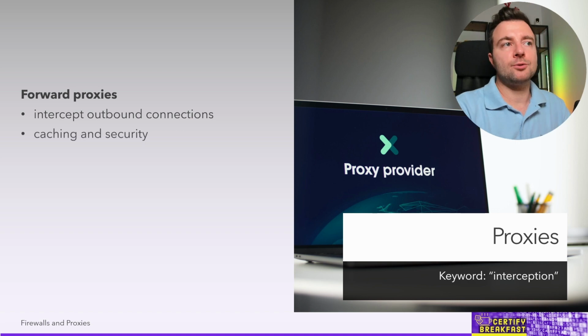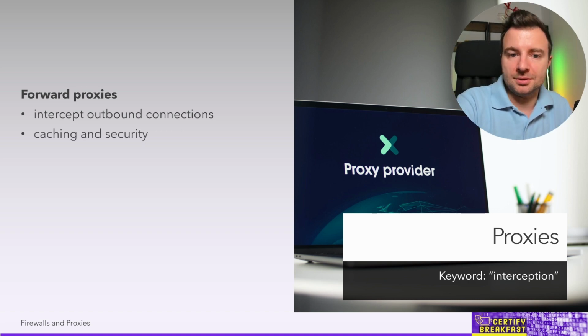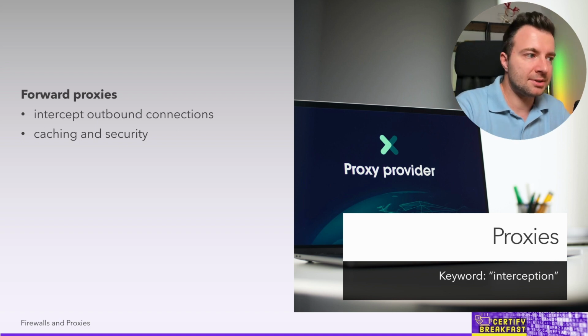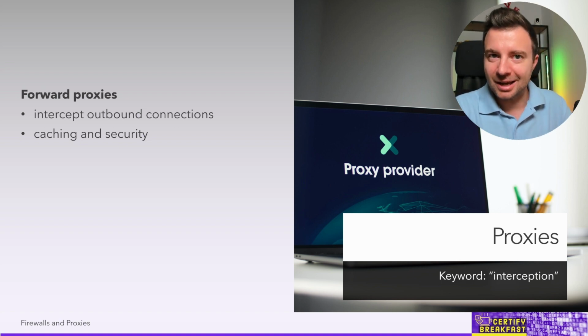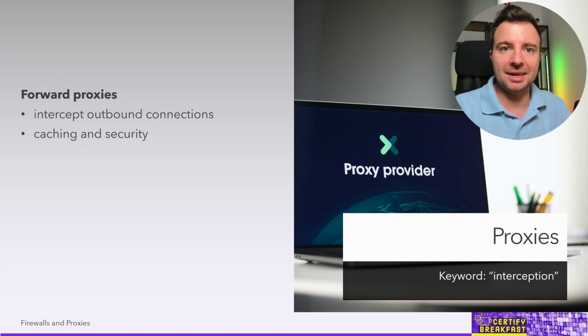Now, this type of forward proxy is going to be implemented especially for security purposes. You're going to find it implemented in networks where the proxy is there to perform filtering or URL filtering, perhaps to deny internal users access to specific gray areas of the internet, right? Maybe adult websites, maybe gambling or something like that. It also can be used for caching purposes.